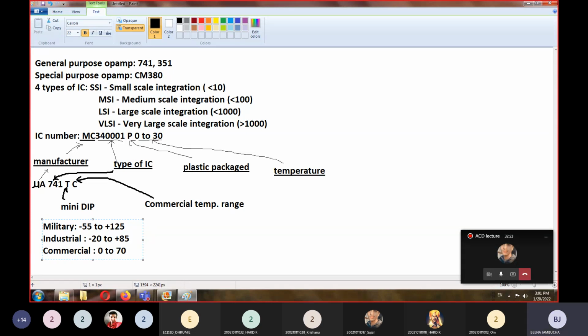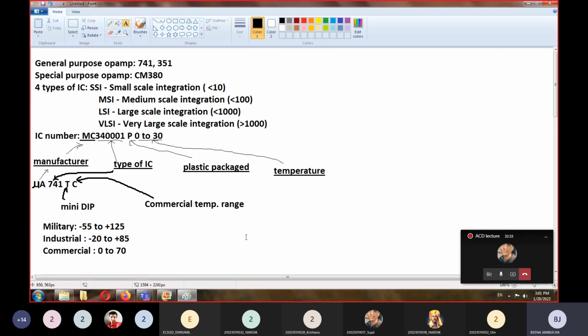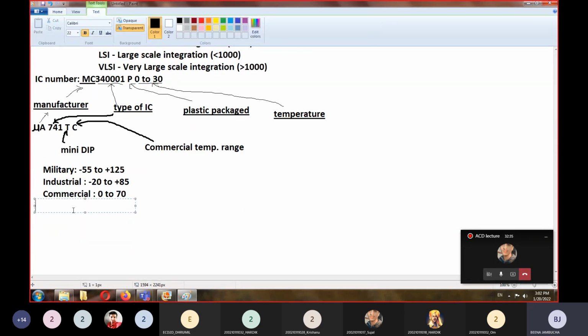Okay, so you will have to check for what purpose you want to purchase the IC. Now whatever the IC may be, there are many different types of manufacturers available in the market, like Fairchild.